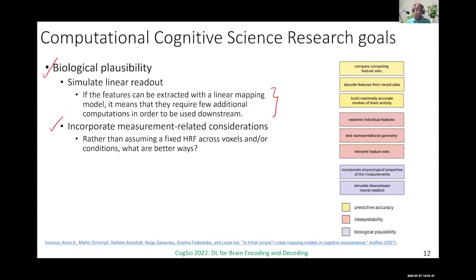As we discussed about HRF, most people assume that HRF is a fixed function, about 5 seconds of delay and so on across voxels. However, this may or may not be true. So is there a nonlinear way, or a better way, of modeling the HRF function? These are some of the interesting computational cognitive science research goals.